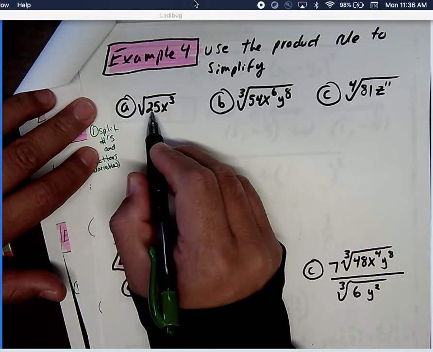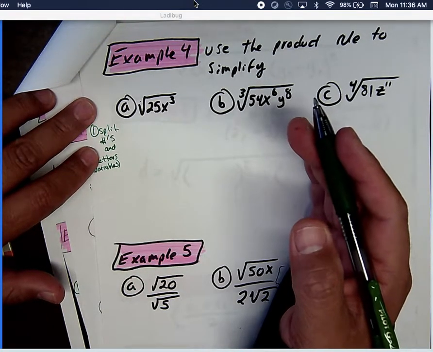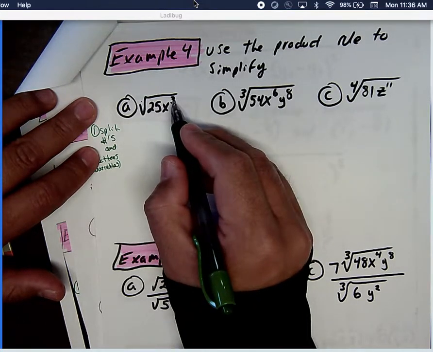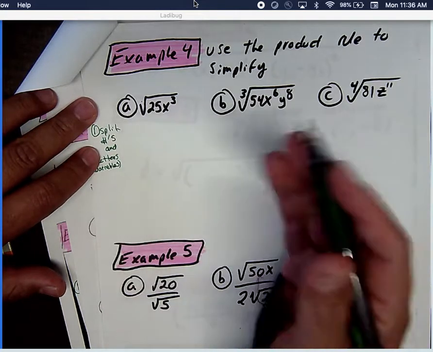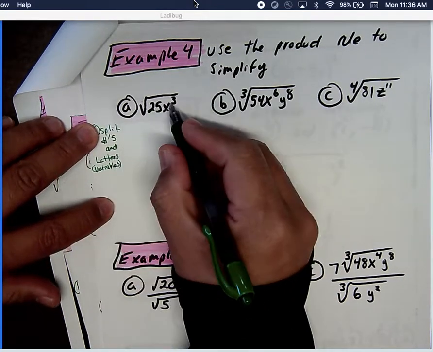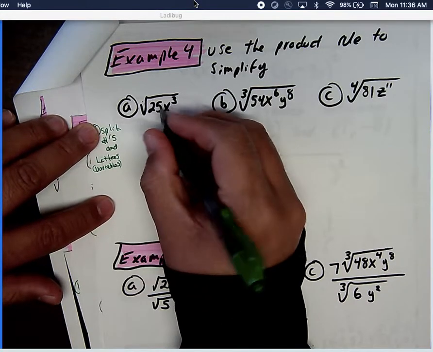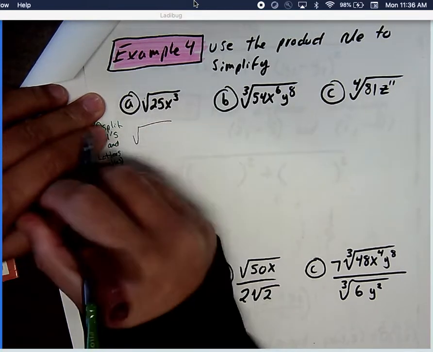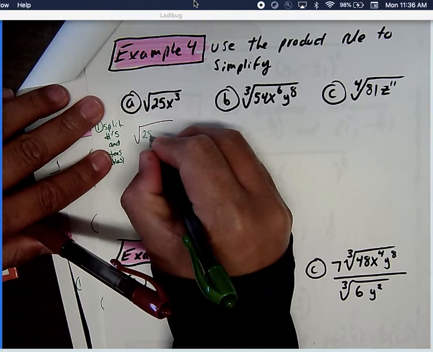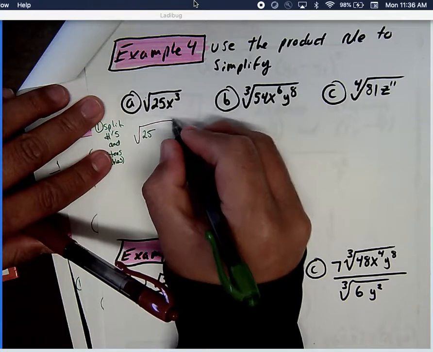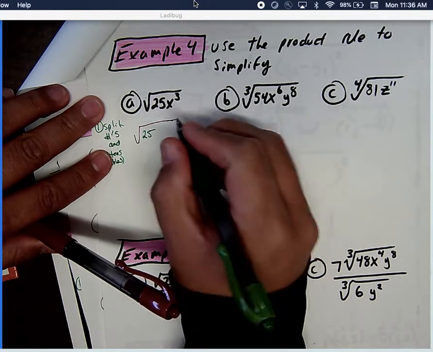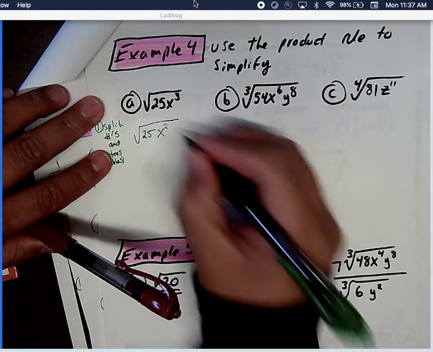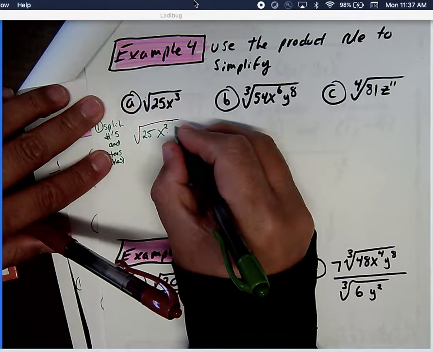So the square root of 25, you know 25 does have a square root. But the square root of x to the third, you know that's a 2, and 3 is not divisible by 2, so this is where I say that you need to split this. So let's do that. That would be the square root of 25, which has one, so I'm just going to leave it. That one you can split into something that doesn't have a square root, so x squared times x.